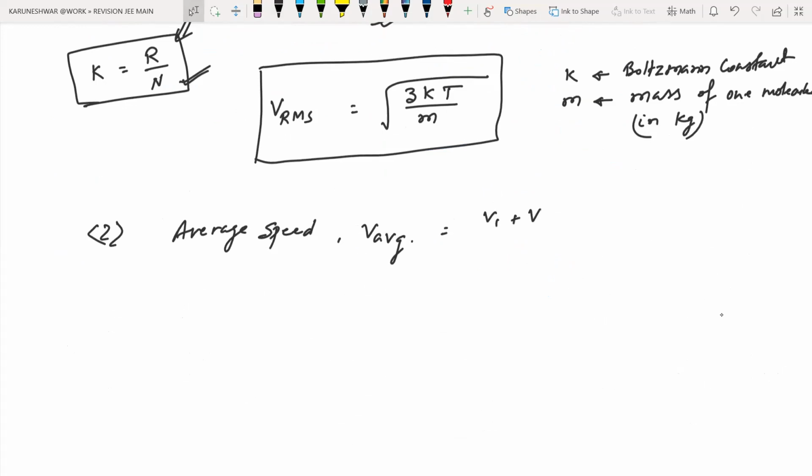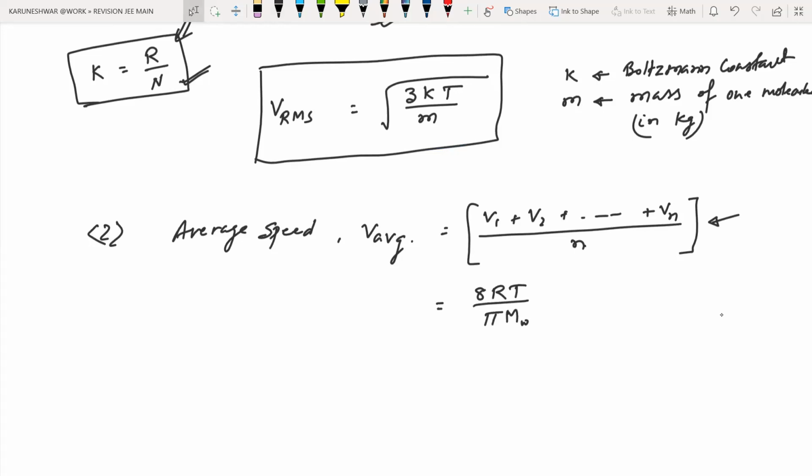The very basic concept is that it is the average of the speeds of all the gaseous molecules. But this type of concept is normally not asked in questions. On the basis of Maxwell distribution law, average speed is the square root of 8RT by pi times the molecular weight of the gas.